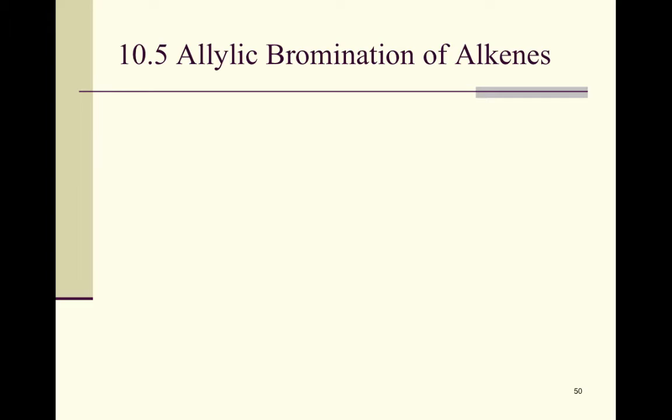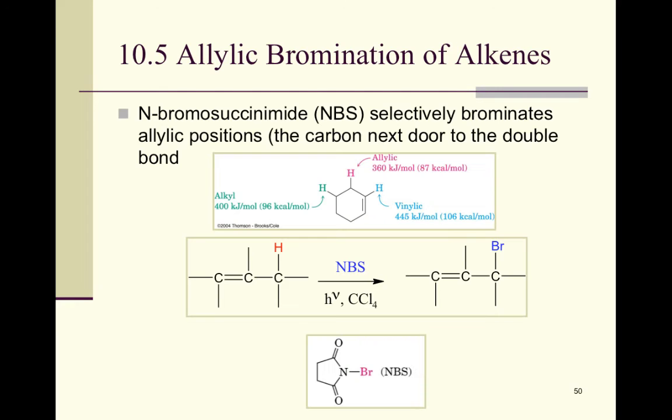Continuing on with more reactions of how we can get a halogen on there, let's look at the allylic bromination of alkenes. NBS, that's its abbreviation, and typically that's what you would see over the reaction arrow. N-bromosuccinimide selectively brominates allylic positions. That's the carbon next door to the double bond.